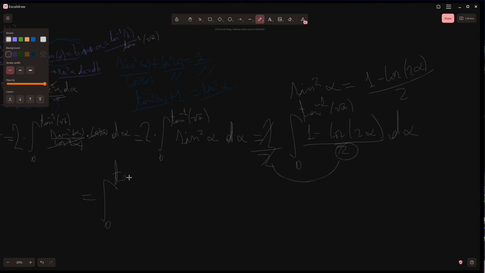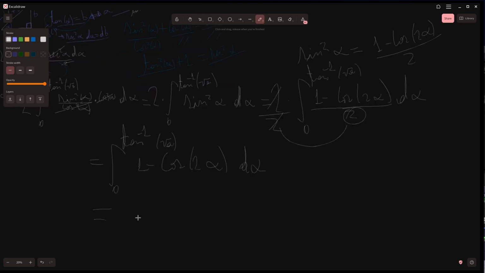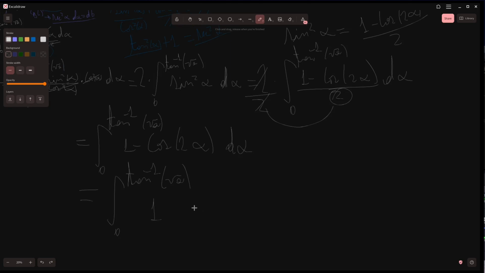So we can just rewrite the integral from 0 to arctangent of the square root of a, of 1 minus the cosine of 2 times alpha, d alpha, and that should be the same as the integral of 1, d alpha, minus the same integral, the same limits, but with this term, the cosine of 2 times alpha, d alpha.